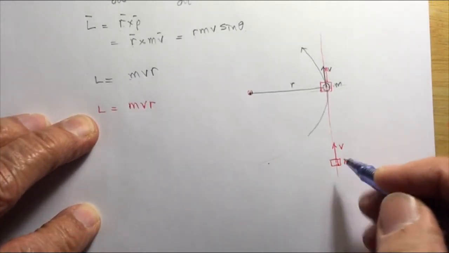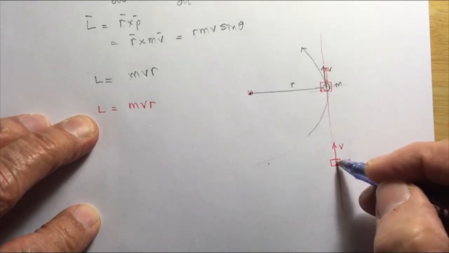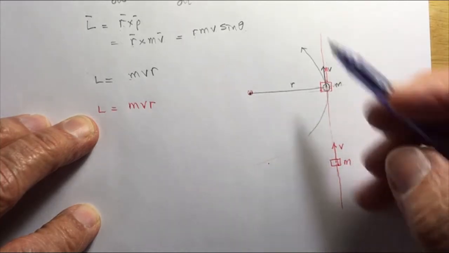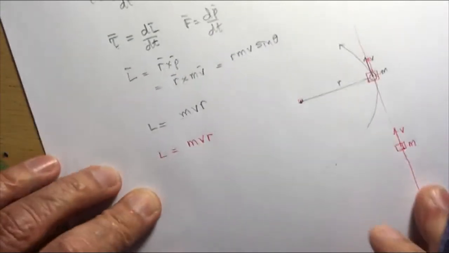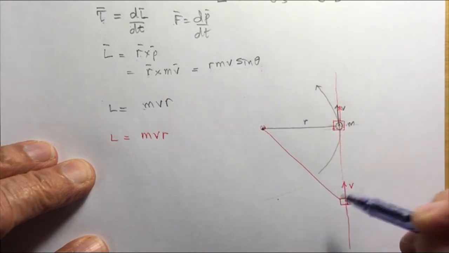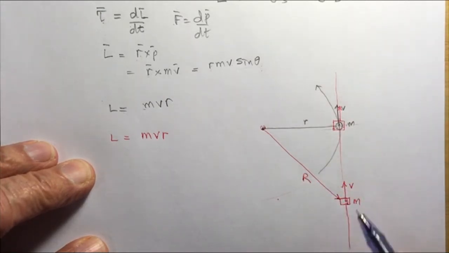So what is the angular momentum of this object coming from behind? What is its angular momentum when it is right here? It still has an r and an m and a v, so we must have some kind of angular momentum. So let's join this together. This becomes its r, right to the center.